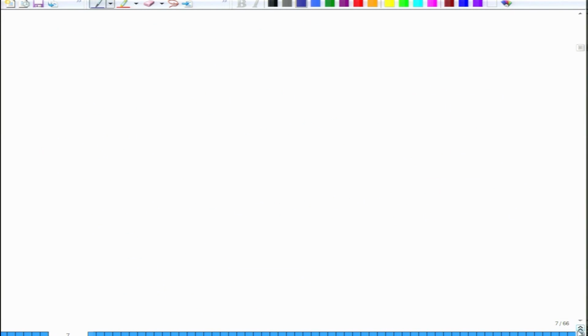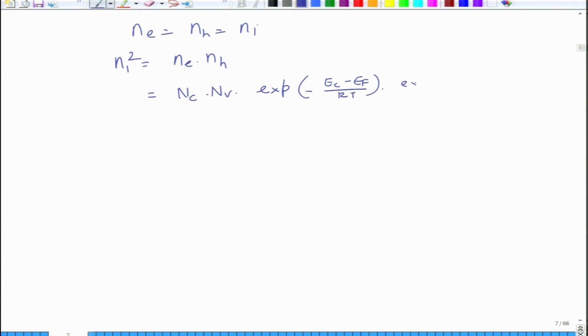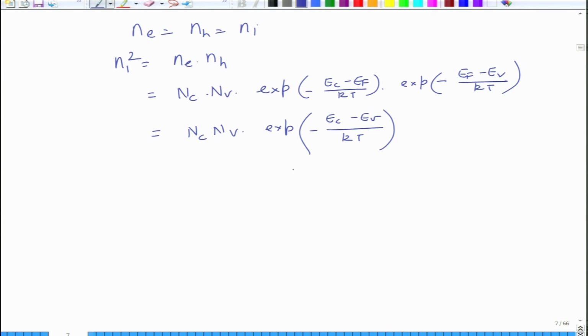Now, so we say that Ne is equal to Nh is equal to Ni. So we can also say that Ni square is equal to Ne into Nh, which means it will be Nc into Nv into exponential of minus Ec minus Ef divided by kT into exponential of minus of Ef minus Ev divided by kT, and if you put them together, it becomes Nc Nv into exponential of minus of Ec minus Ev divided by kT, and Ec minus Ev is equal to Eg.